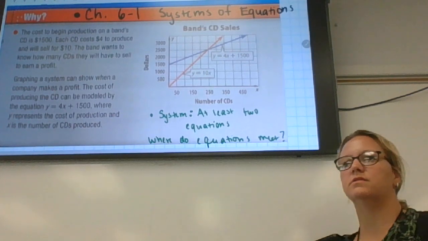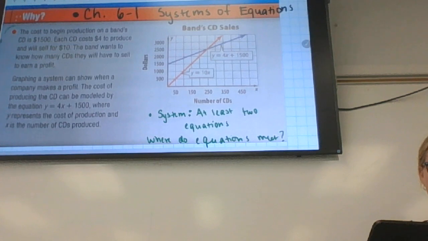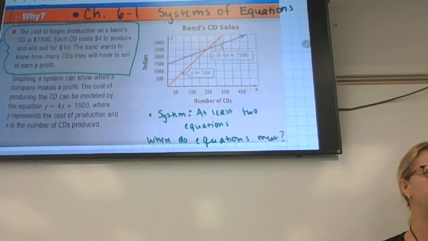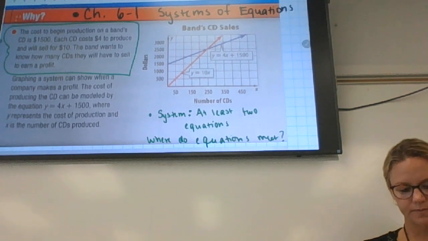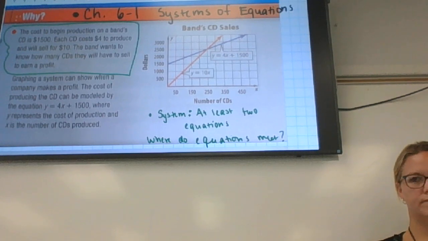Okay. Will, can you read this word problem? Shh, you guys be quiet while we think about the word problem. Okay, basic financial algebra.